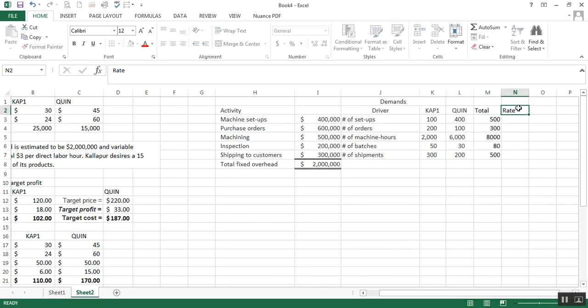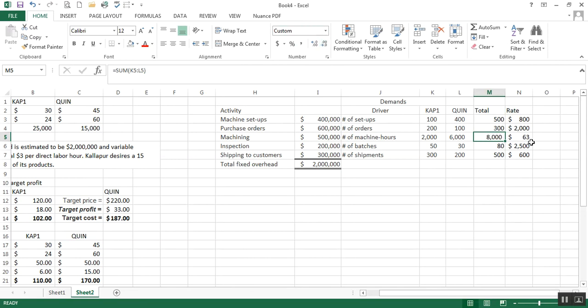Now we can calculate our rate. So our total machine setup cost divided by the total number of machine setups gives us a rate of 800. Total purchase orders divided by the number of purchase orders gives us 2,000. The 500,000 machining divided by 8,000 machine hours gives us $63 per machine hour, and so forth.